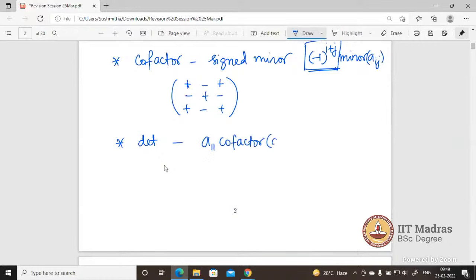Take a row, fix a row, and then take all the elements in that row and then do this.